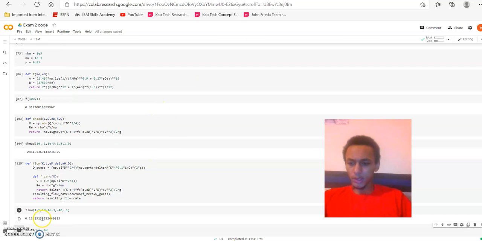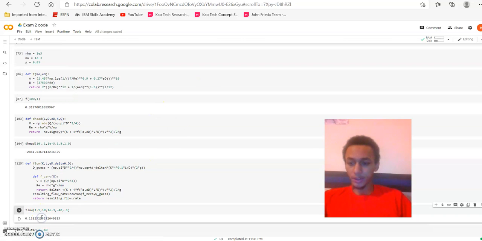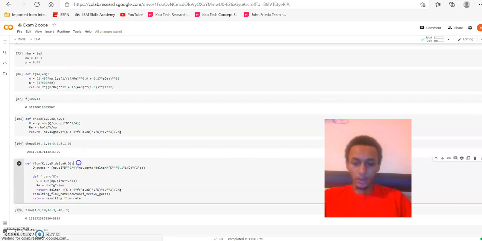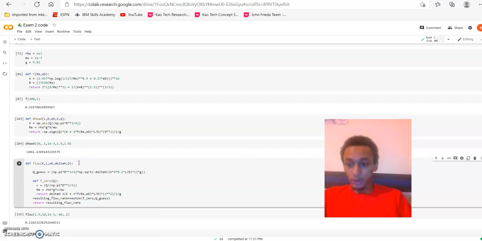This flow should actually be negative, so I'm going to have to change some things. The first thing is I think we're going to do delta H, delta ABS. We're going to take the absolute value of the delta.